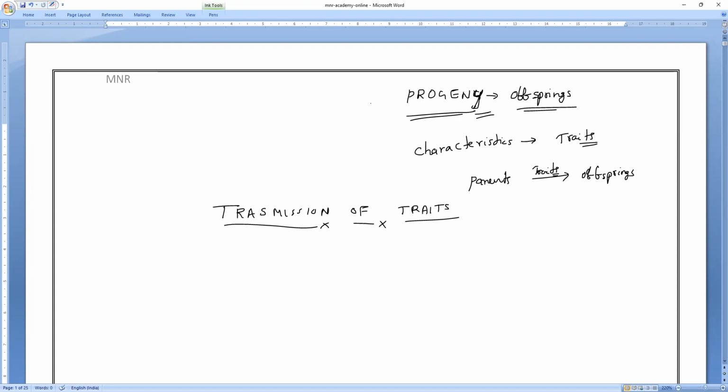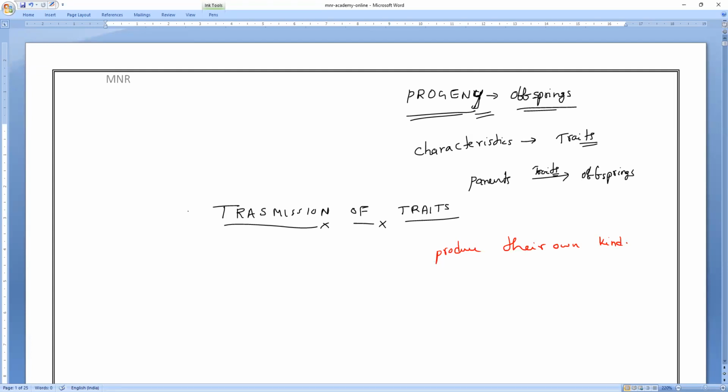If you see all the living organisms, plants or animals or whomever it is, basically they produce their own kind. Their own kind means similar structure, similar characteristics of their own. If I take your parents, you are the baby who is representing your parents.